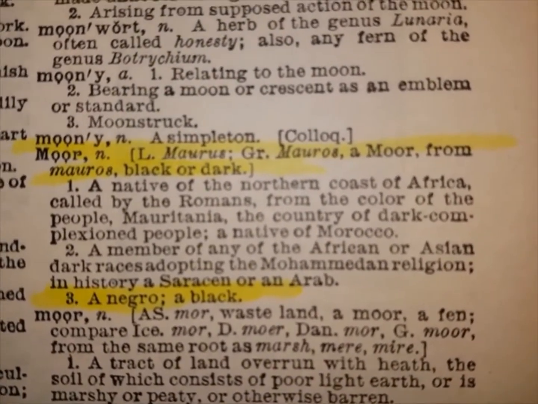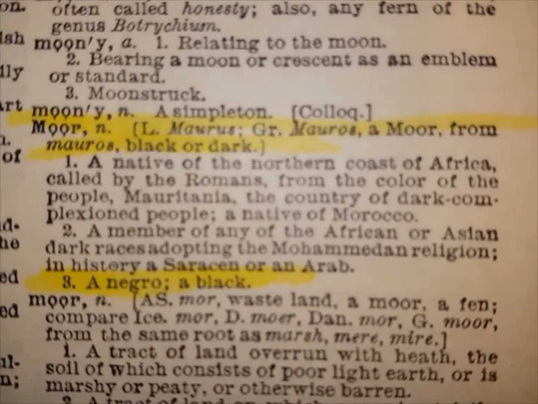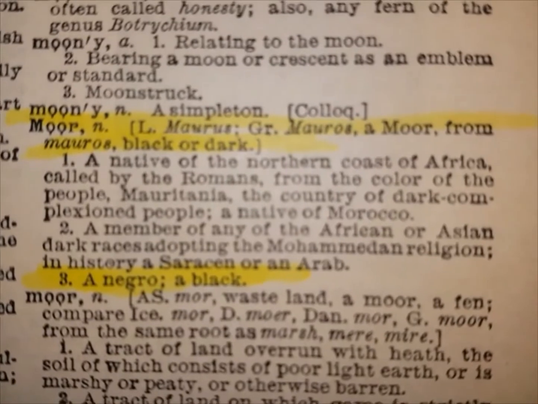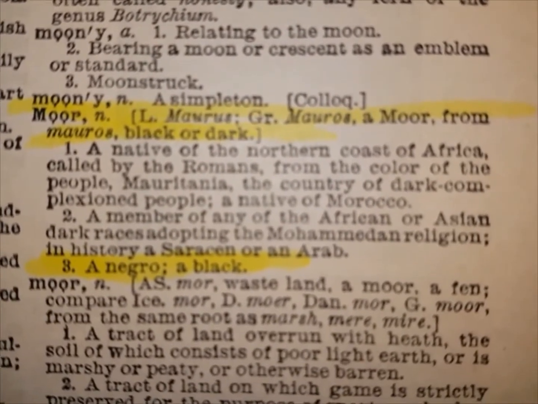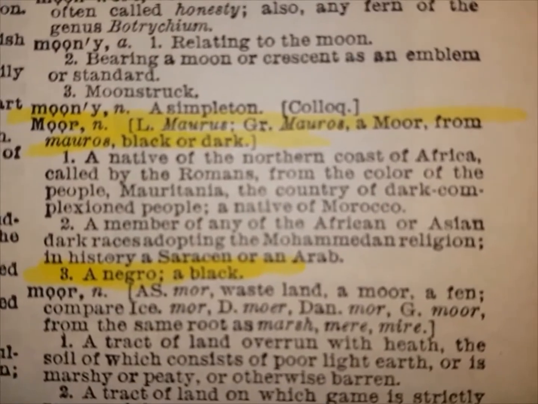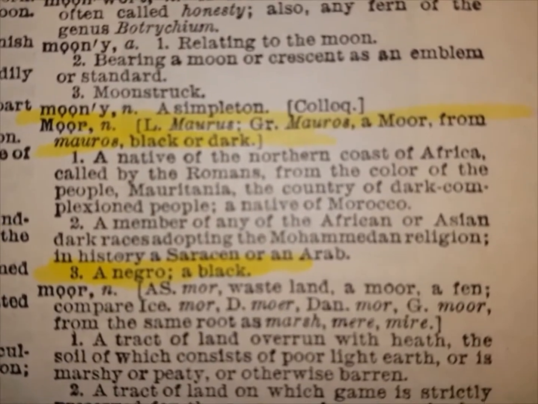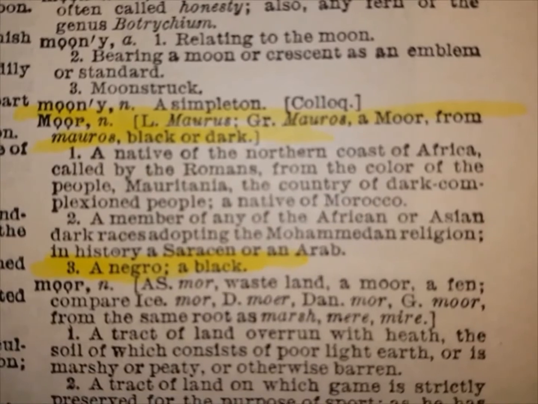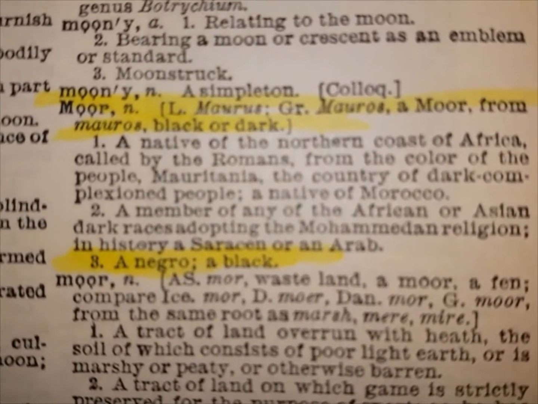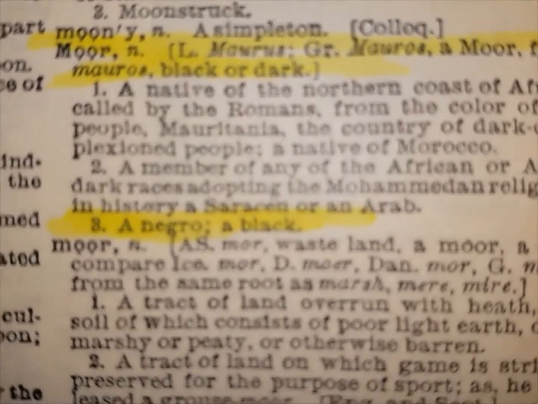Now, definition 2. A member of any of the African or Asian dark races adopting the Mohammedan religion. See, there you go. So being a Muslim, that's a religion, but that does not determine your DNA, your bloodline. In history, a Saracen or an Arab. Now, what does this third definition say here?